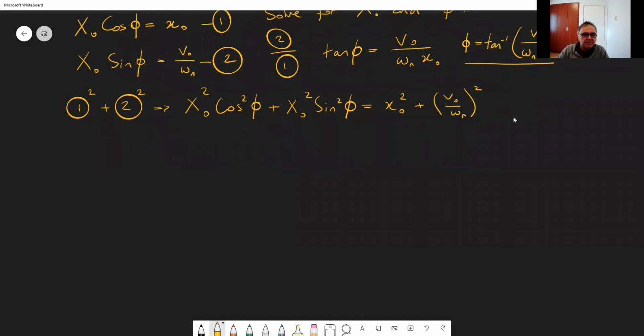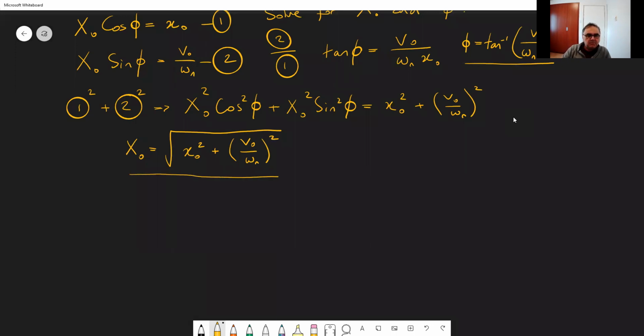So you will get x0 is going to be the square root of the small case terms squared plus the other term, and that's another. So the free vibrations can be expressed.